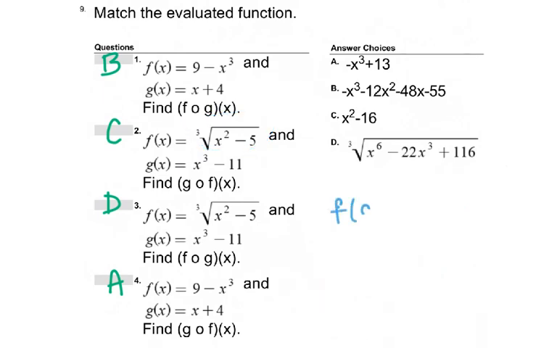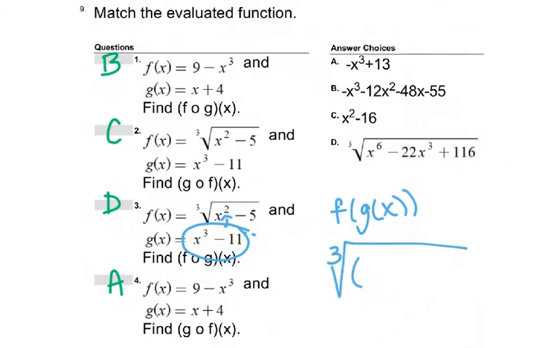3 says f of g of x. So this time I'm going to take the g equation and plug it into the f equation. So everywhere I see an x, I'm going to write x cubed minus 11. So the hard part about this one is that you have to FOIL this.